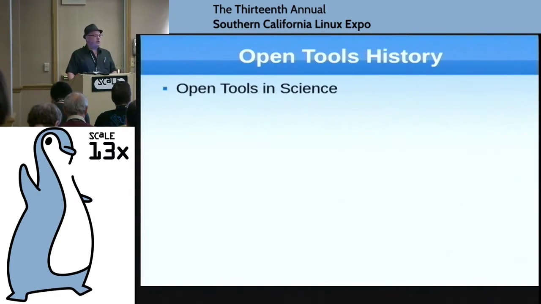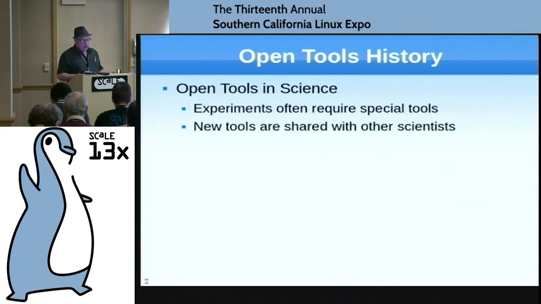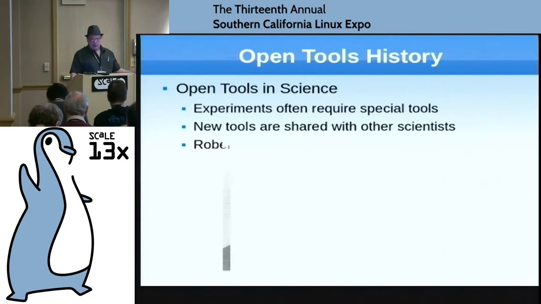Open tools have been used in science as long as there's been recorded history. When you create an experiment, a lot of times you need special tools that don't exist, and as a scientist, you have to create those yourself. These new tools are often shared with other scientists, royalty-free or shared as open.